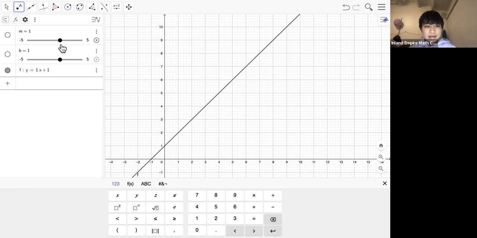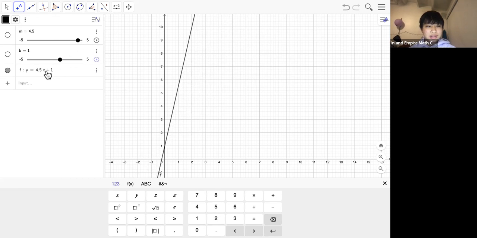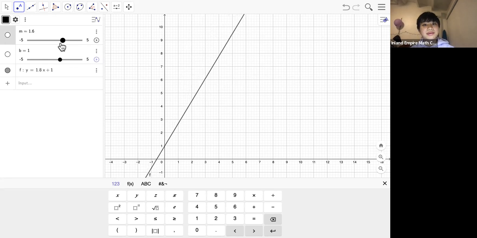As m increases, you can see that the line gets steeper. You can also see that the coefficient right here also gets bigger, since it is equal to m. As it increases, the line gets steeper, and as it decreases, it gets less steep.